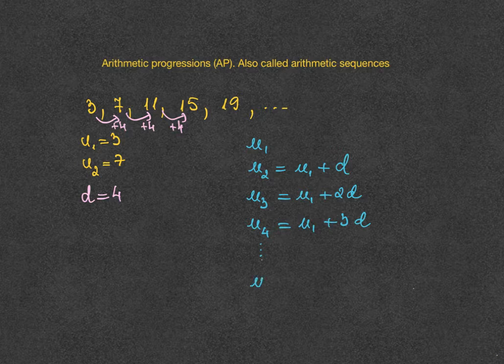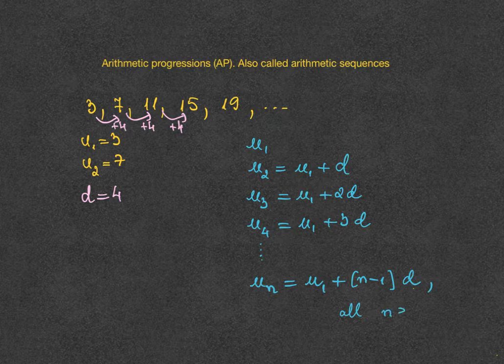As you see, the general formula is u_n equals the first term plus (n minus 1) times the common difference. And this holds for all n bigger or equal than 1, and n is a whole number. On the next slides, I'm going to solve a few examples.